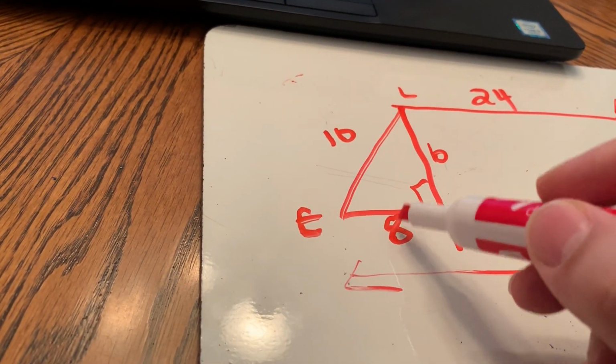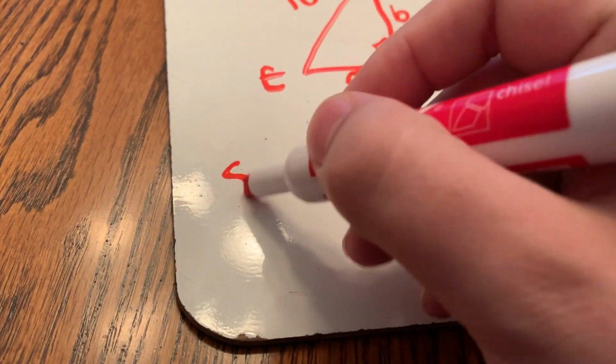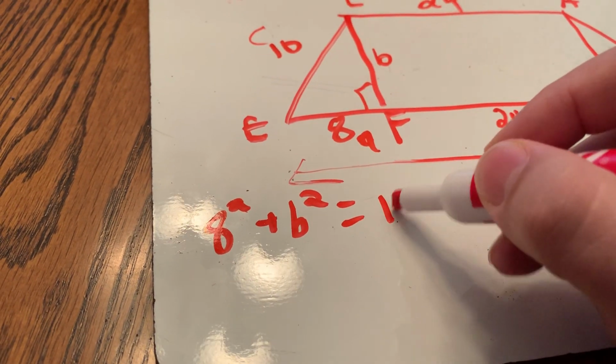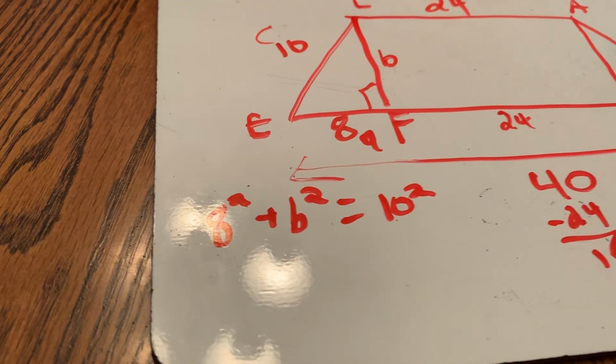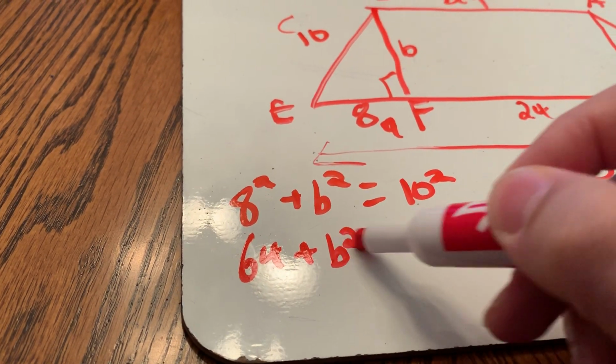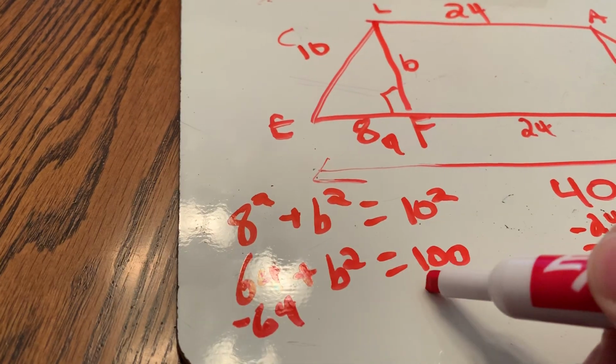This is going to be A, this is going to be C, so I've got 8 squared plus B squared equals 10 squared. I know my 2's aren't really showing up. So I got 64 plus B squared equals 100. I subtract 64 from both sides.